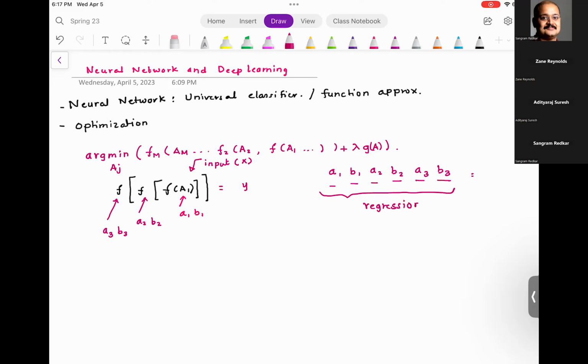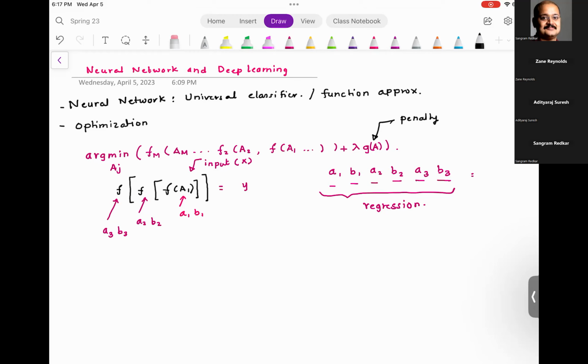Many times a simple regression is used to find a least square solution. If you just do a simple regression, then your coefficients will be determined using some type of least square solution. But if you want to find a sparse solution, you add some type of penalty.